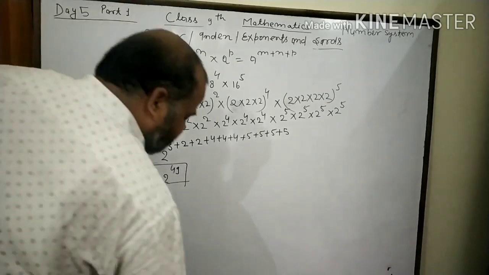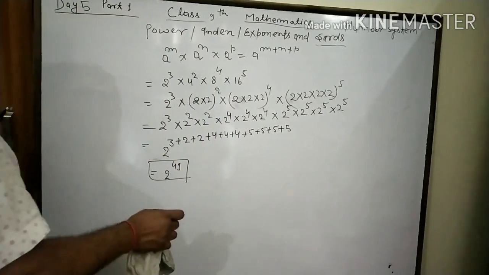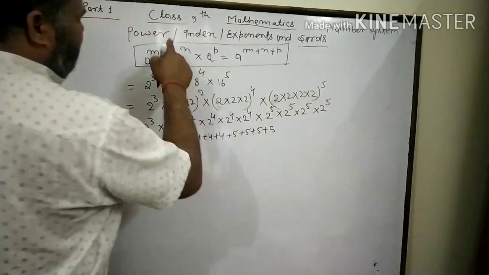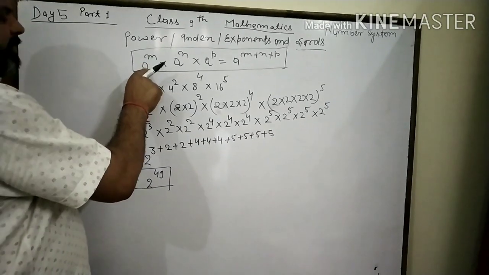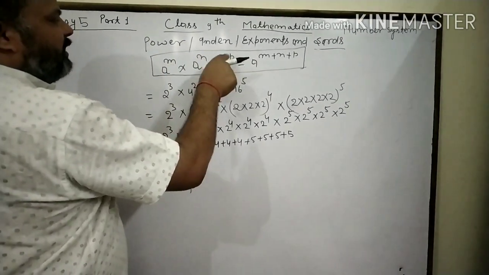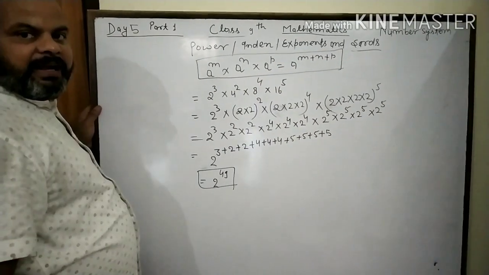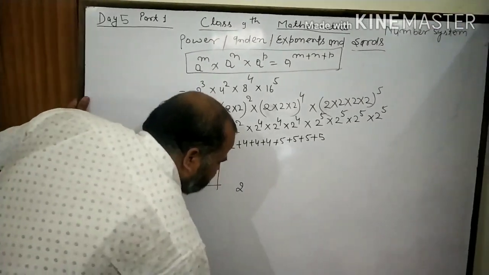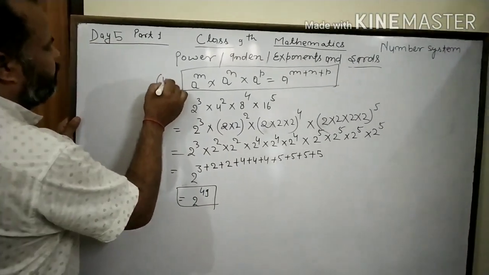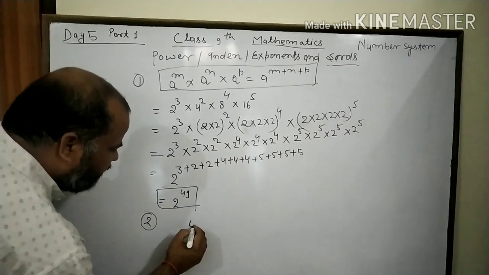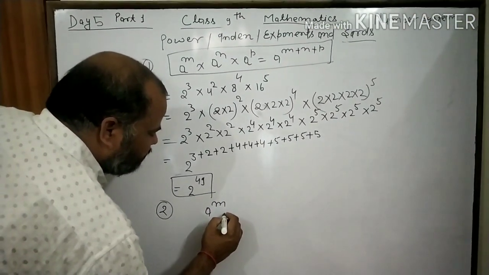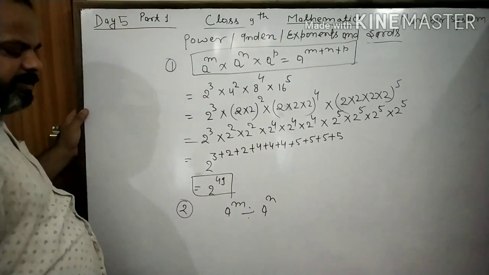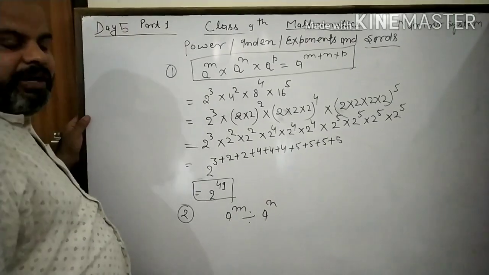Clear? It means if the bases are the same and the powers are different and they are multiplied, then we can add the powers. Now the second formula: a to the power m divided by a to the power n. It means division.